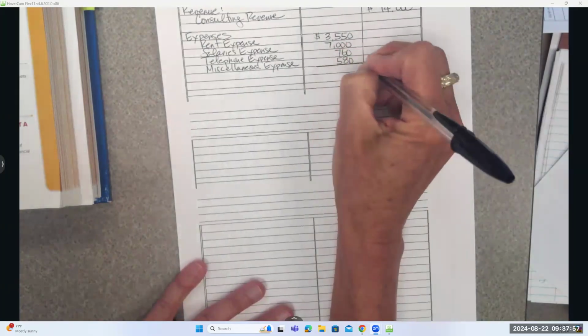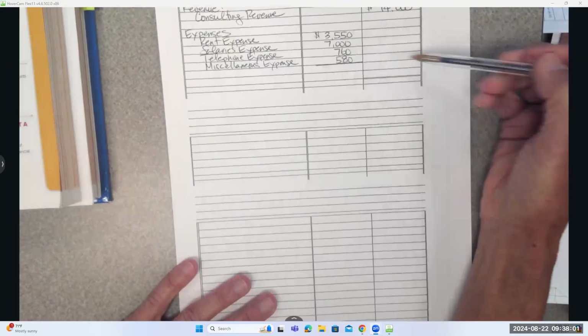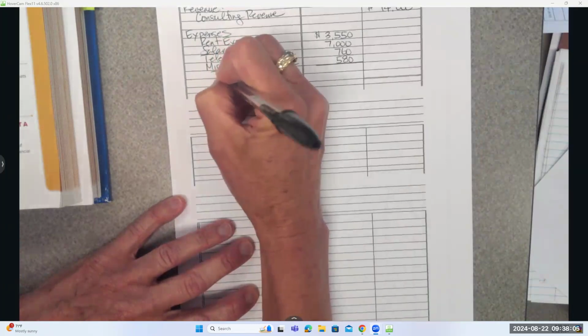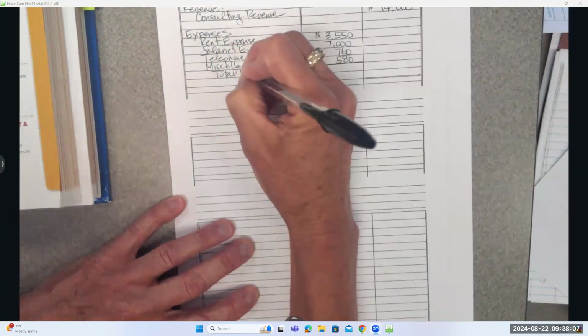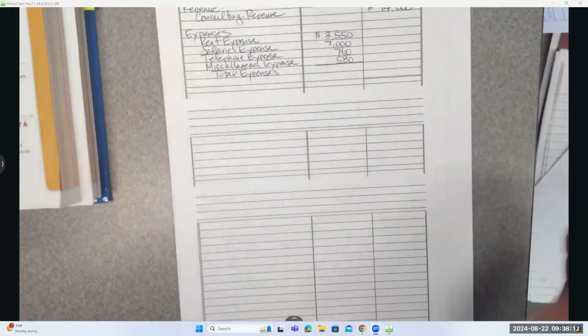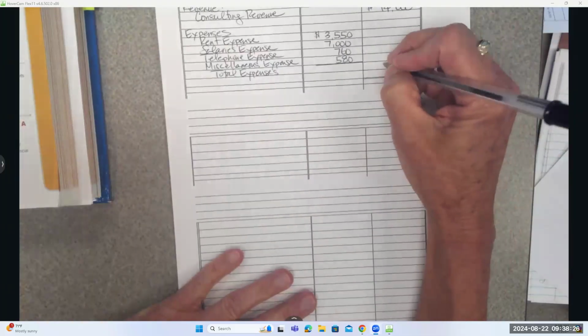So we're going to put a single underline because we're going to put the detail of the individual expenses in the left column and then put the total in the right-hand column. $11,890.